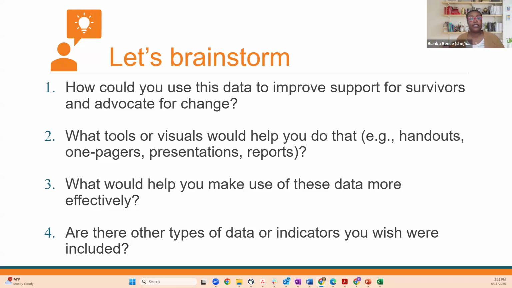I love that, to make a case for hospitals to support having more SANEs, which are the sexual assault nurses, right, on staff. Yes, again, that's the cross-sector collaboration potential that this data demonstrates. So you can see a need for it in your community, to guide your outreach strategies and services.